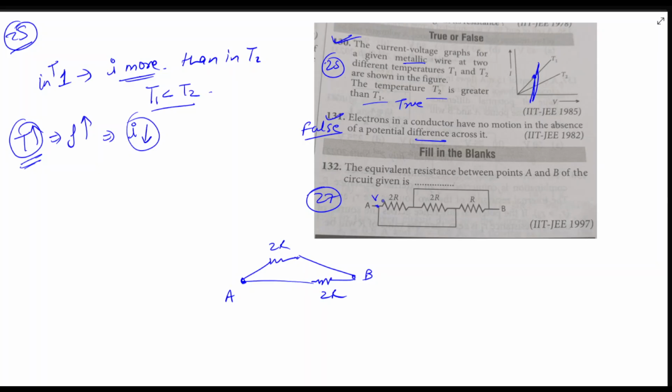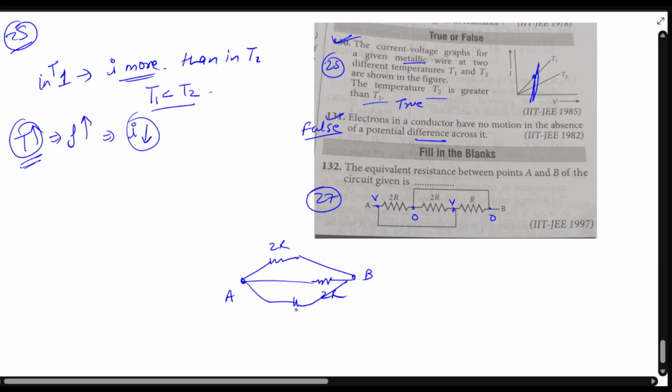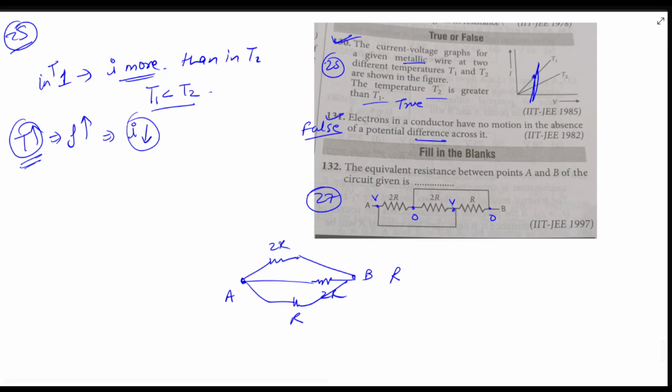So this is V, let's say, and this is 0. So all those three resistances are between V and 0, right? So this is R. So all these are in parallel. So 2R and 2R are in parallel, so it will be R. So R and R in parallel, so R equivalent will be R by 2. So this will be the answer.